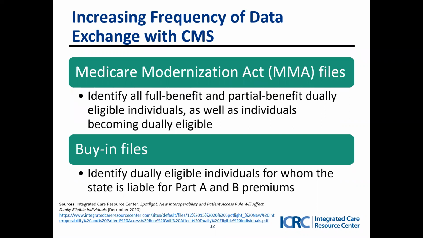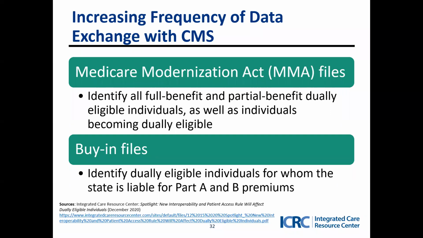The second are buy-in files, which identify dually eligible individuals for whom the state is liable for Parts A and B premiums. Both of these files can be exchanged with CMS as frequently as daily and as infrequently as monthly. So when states submit these files to CMS, CMS will send back response files, and states can match that response file with their own state data to ensure accurate records.